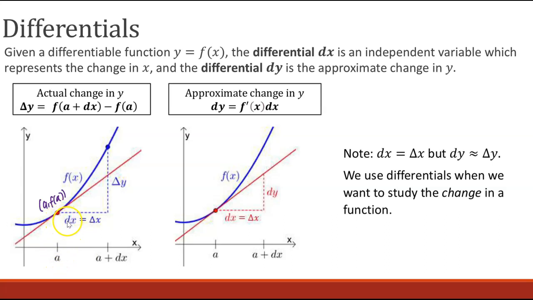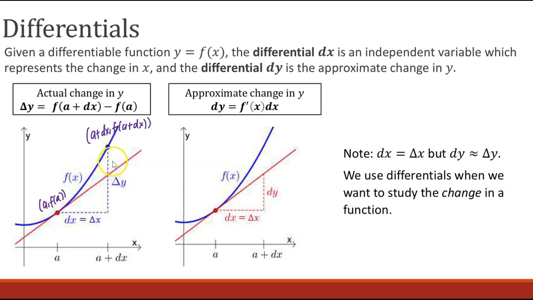So the actual change in y is going to be found by going over to this new x value, a plus dx, going up and finding the function. So this is the coordinate point a plus dx, f of a plus dx.